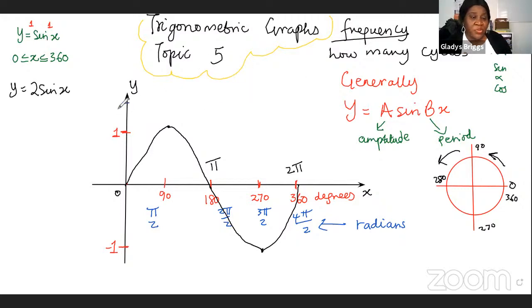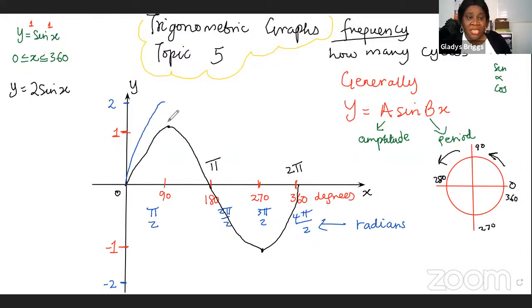So you would have 2 here, and on the bottom you would have negative 2. Let me extend this a little bit more. So y is equal to 2 sine x. It's going to be the same graph, but it's just going to be a little bit stretched.